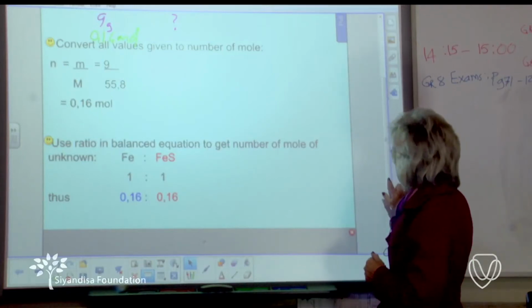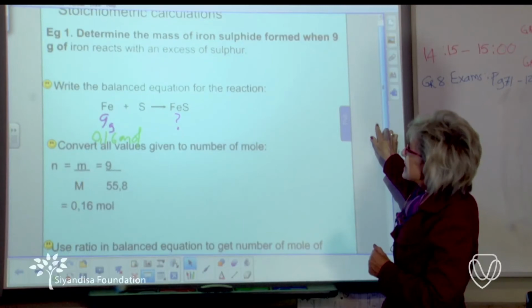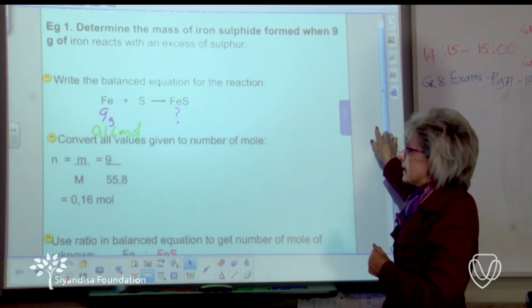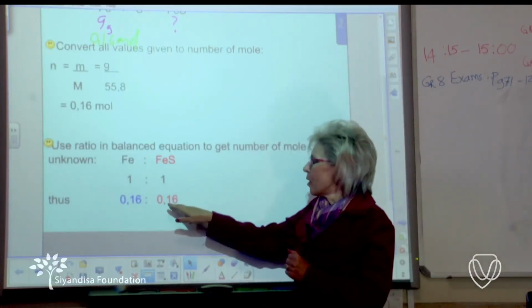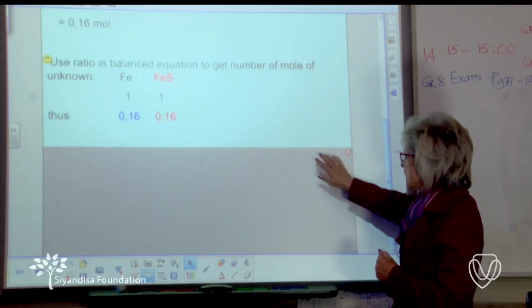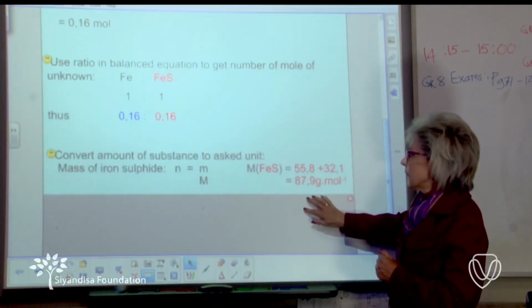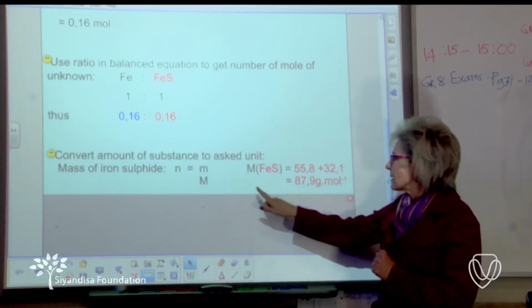Now I need to go back to my question, and the question says, determine the mass of iron sulfide, which means it's not enough to know that the iron sulfide is 0,16 mole. I now need to convert that into gram. And I do it again with the same formula, mass over molar mass. This time it is the molar mass of iron sulfide.